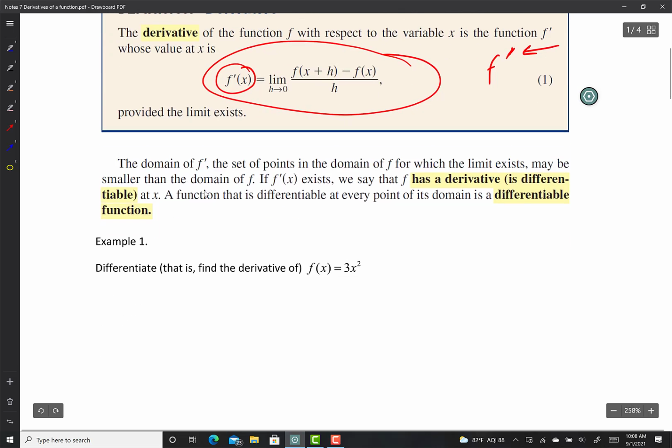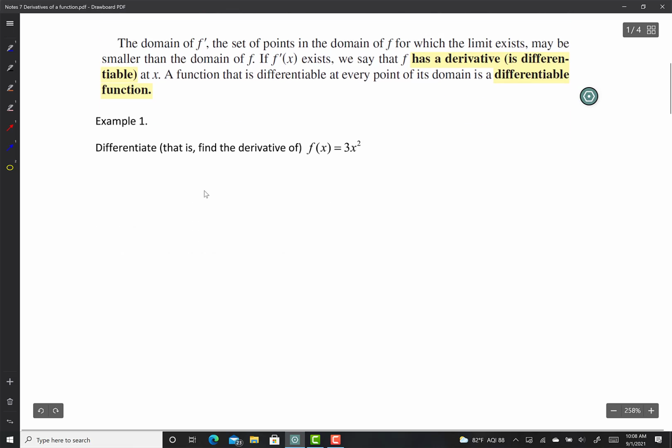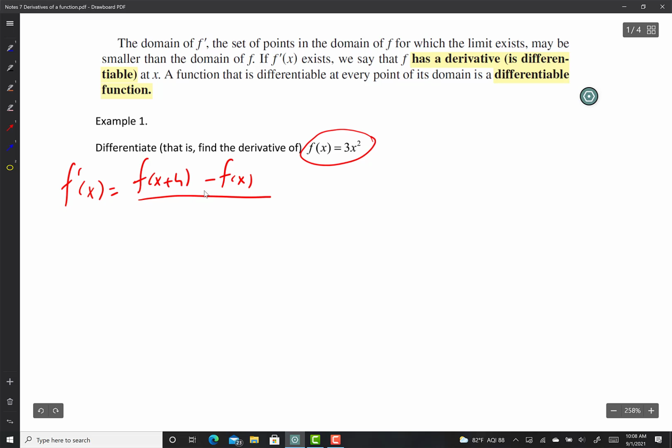Here we go. So example 1 says the word differentiate, and differentiate means to take a derivative. Find the derivative of 3x squared. So we're going to write f prime of x is equal to f of x plus h minus f of x all over h.